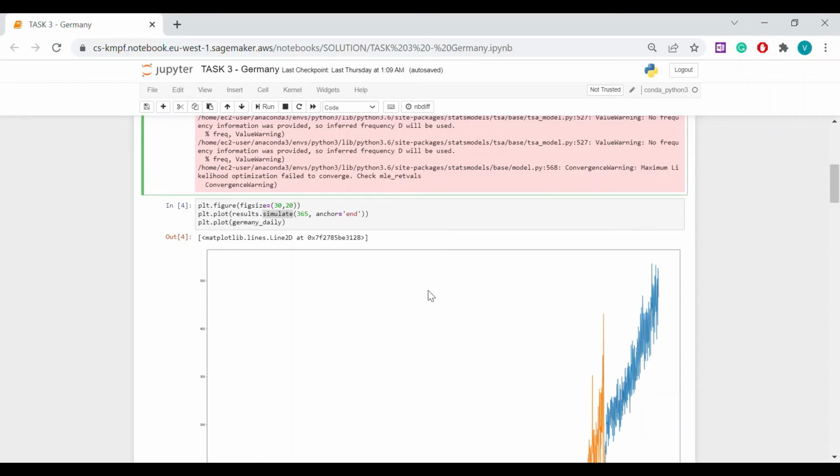And the parameter anchor here corresponds to the first period for simulation. So we set up here the value end, which refers to the beginning of the simulation at the first period after the sample, just after the last value of our initial time series.